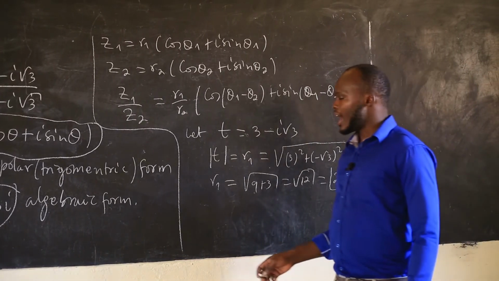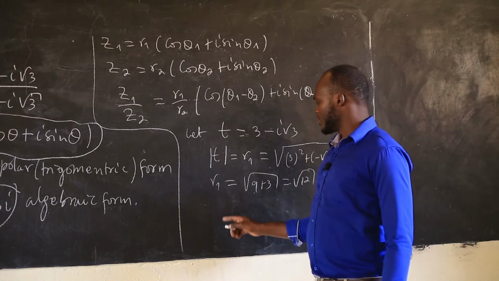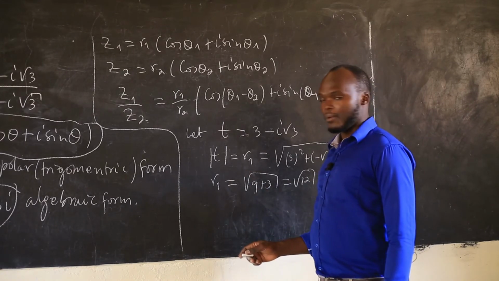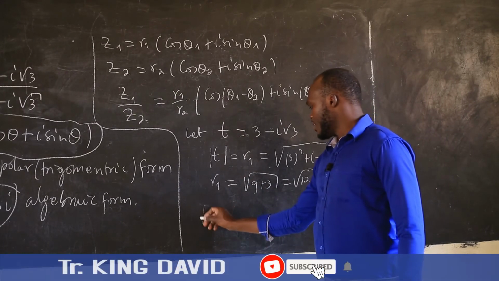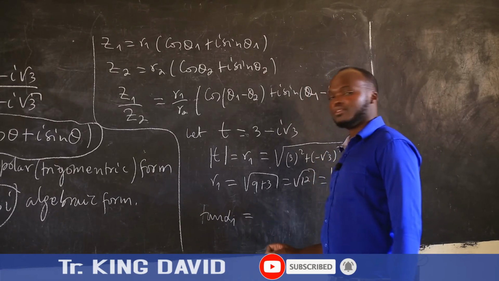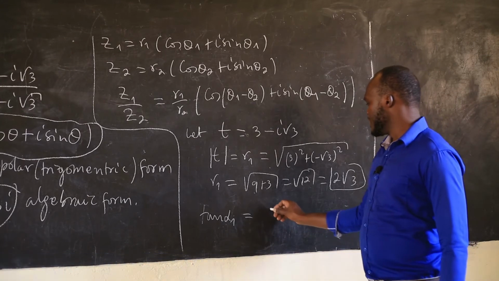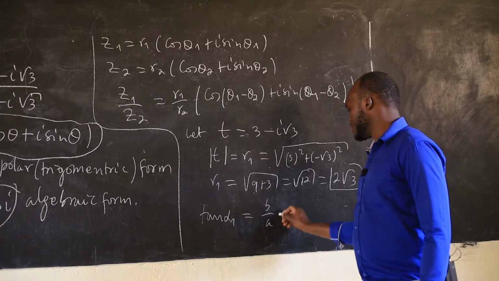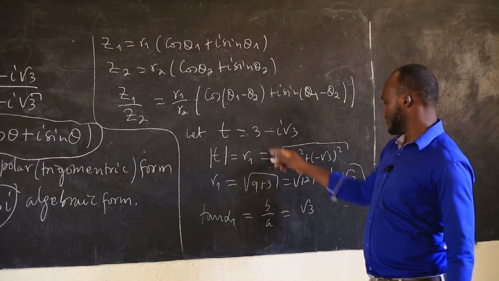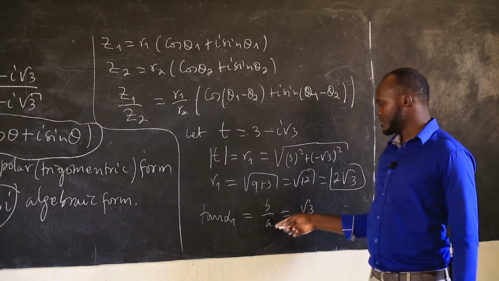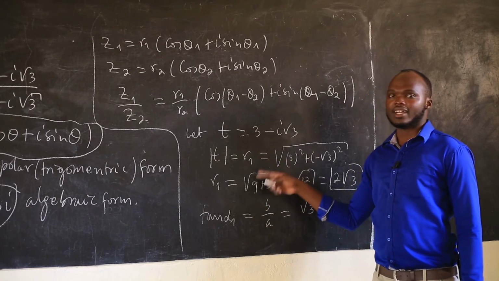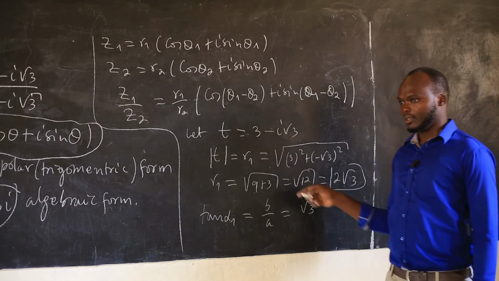So what is the argument of t? The argument of t, which is angle 1. Then tan alpha 1 will be equal to b over a, which is root 3 over 3. Here, I told you that when you are finding alpha, tan alpha, we don't consider negatives; we just use the positive sign.